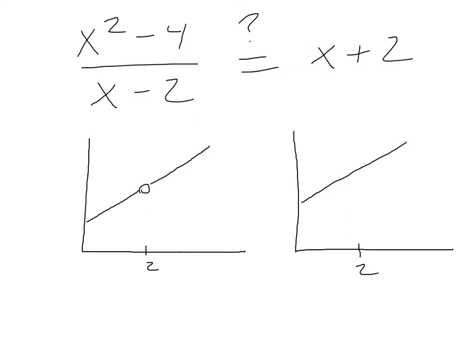But the only time in the infinity of possible x's where this equation is not equal to that equation is one single occurrence at x equals 2, where this equation is undefined, while this equation is defined at x equals 2.